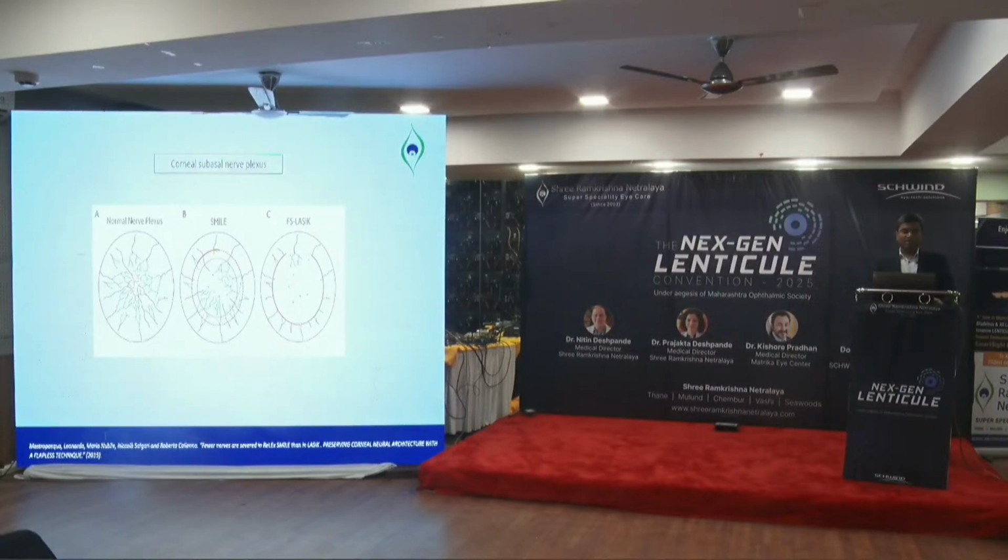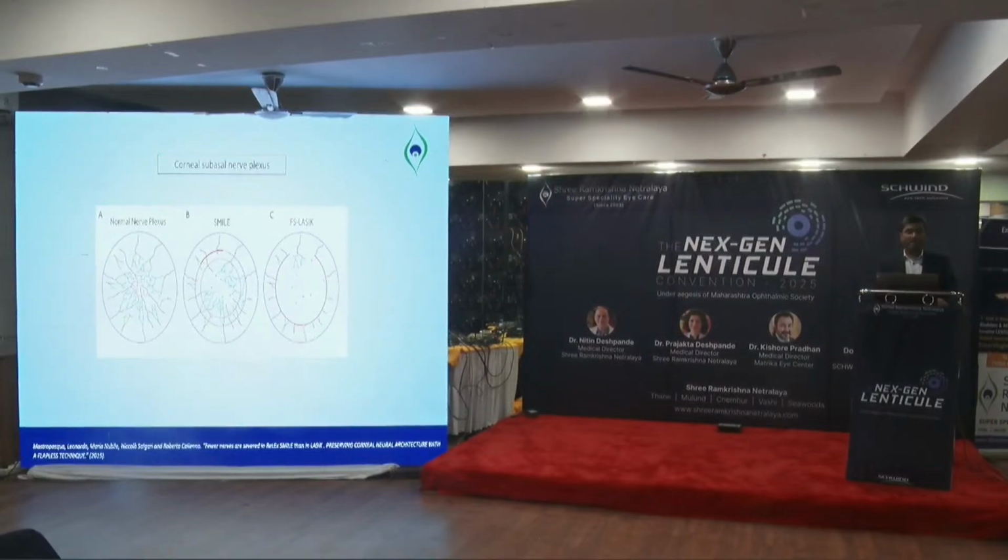In femto-LASIK, as we have seen here, at the edge of the flap the subbasal plexus has been cut. Whether we create the flap with a microkeratome or femtosecond laser, we then apply the excimer laser, which again destroys the underlying stromal subbasal nerve plexus.